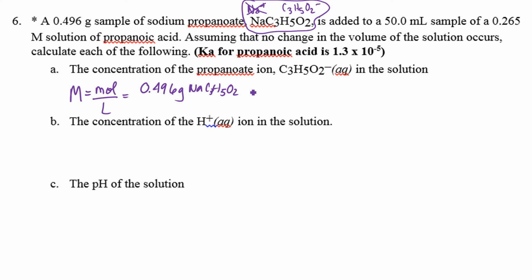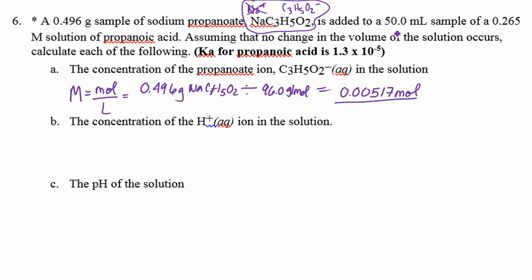If I take my mass and divide it by the molar mass, which is 96.0 grams per mole, you will end up with the moles of propanoate, and that ends up being 0.0517 moles.